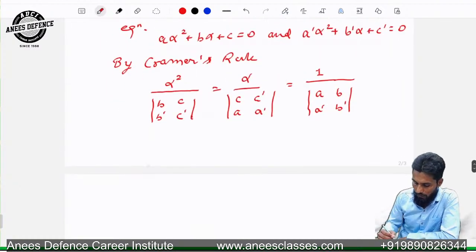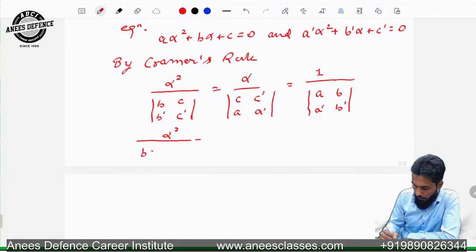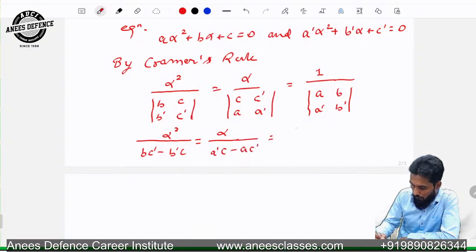When you solve it, you are going to get alpha square divided by b into c dash minus b dash into c, equal to alpha divided by a dash into c minus a into c dash, equal to 1 divided by a into b dash minus a dash into b.